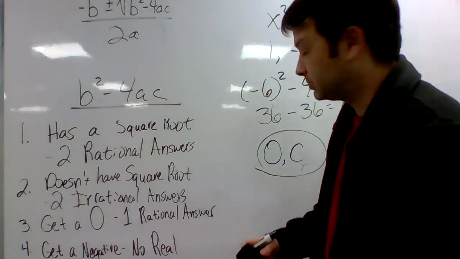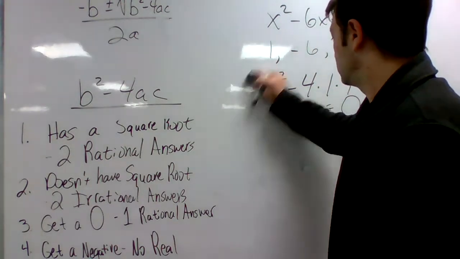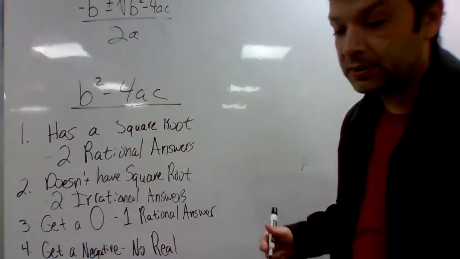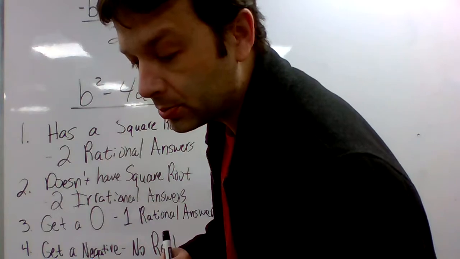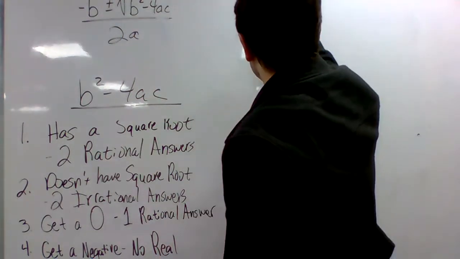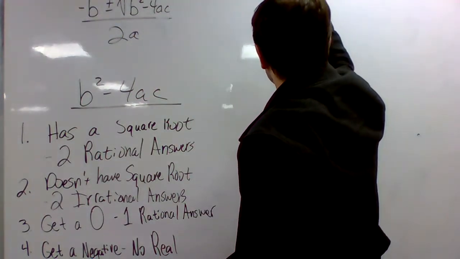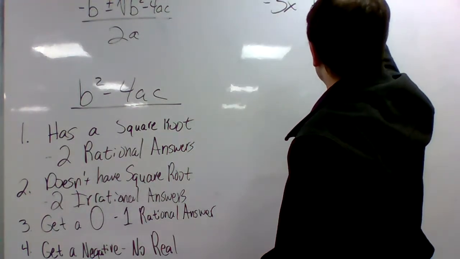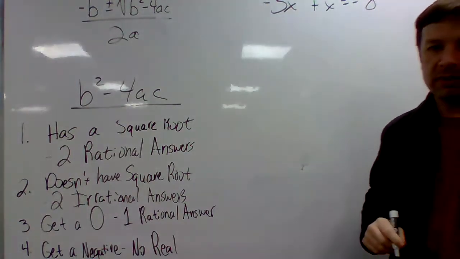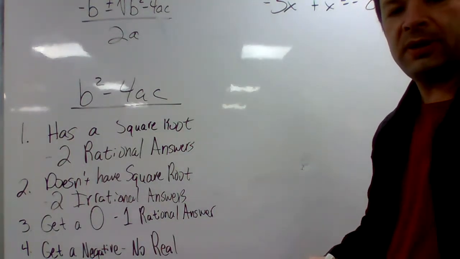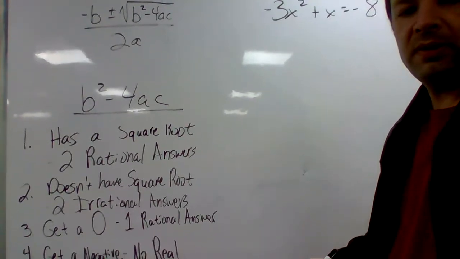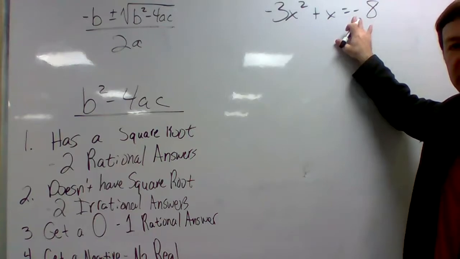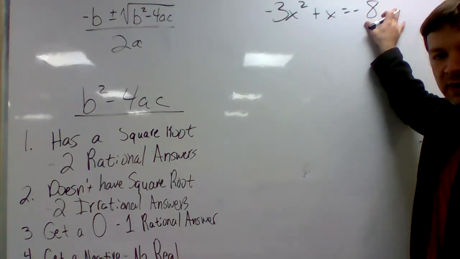Okay, 11. -3x squared plus x equals -8. On this one we got a problem. They don't have it written in standard form because there's no 0 over here.